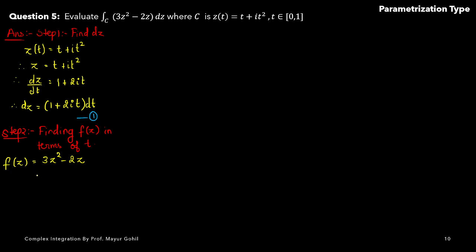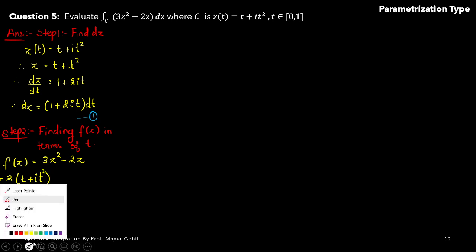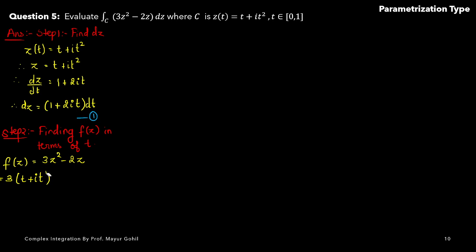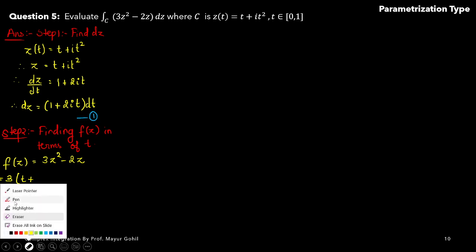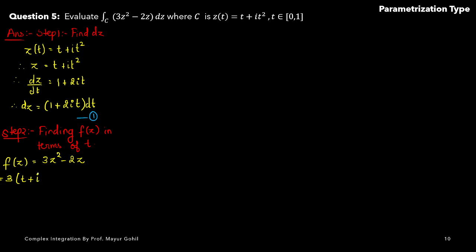You substitute it over here, so you will get 3 times t plus it square, the whole square, minus 2 times t plus it square.